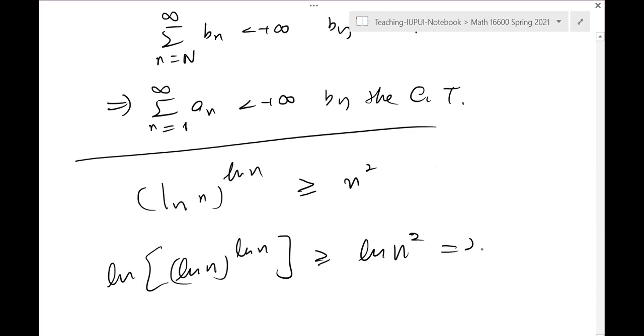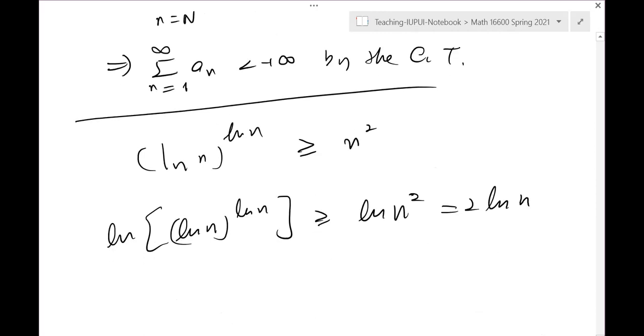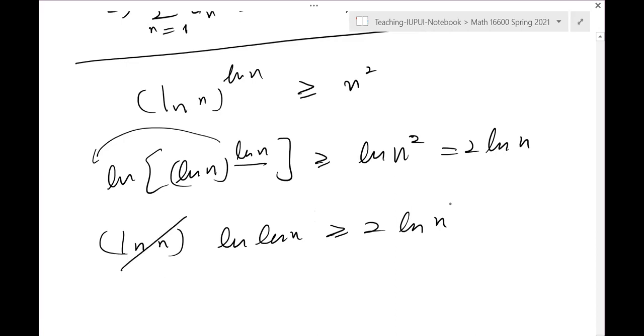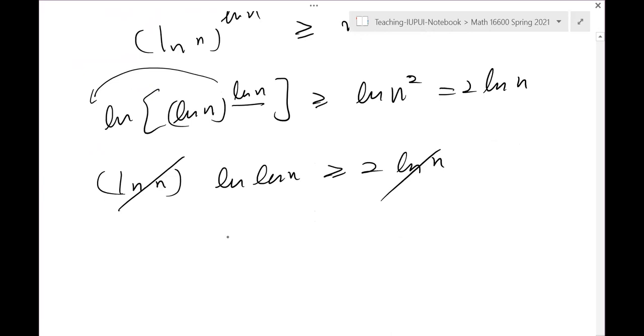So natural log of n, then you will see that this natural log can be taken out. You will get natural log of n times natural log of n greater than 2 natural log of n. So the above inequality is equivalent to this inequality.